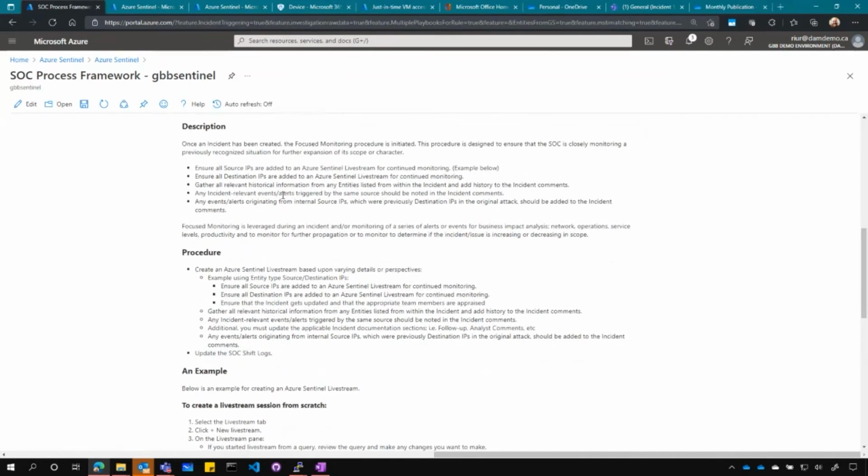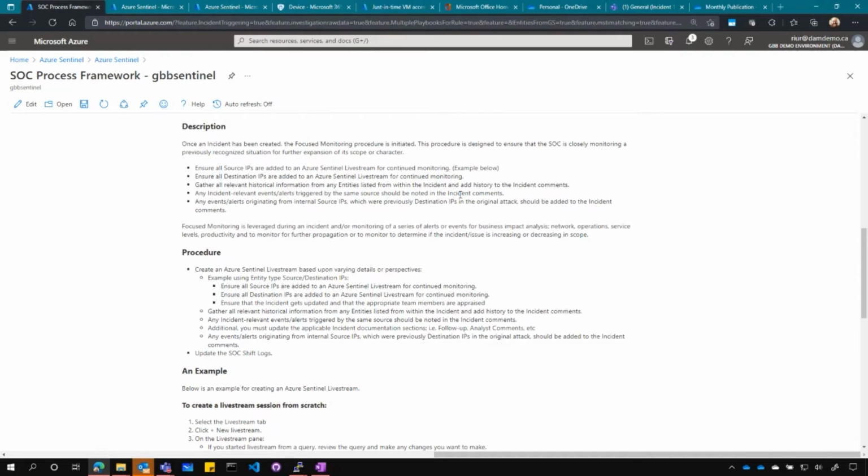Here we have our description. This gives you some things to think about: source IPs, destination IPs, and any relevant historical information from entities like hosts, IPs, processes, apps and services, and users, whether they're basic users, privileged users, or users that may fit within a service principal that apps and services leverage to make their communication and connections.